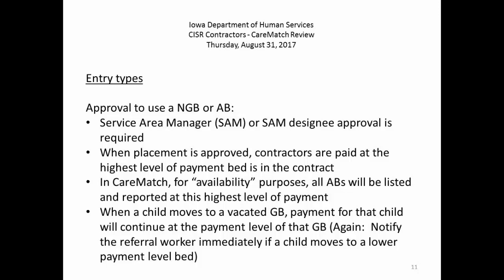It would show the number of guaranteed for D2 and the number that are occupied today, and it would show the number of D3 that they're contracted for and the number of guaranteed beds that are occupied at the D3 level. All of the additional beds for that contractor that had all those 3 different levels of payment would be listed across the row from D3. All right, because again, that's how they would be paid for additional bed use, and that's the way that they're being shown as far as availability goes in CareMatch.